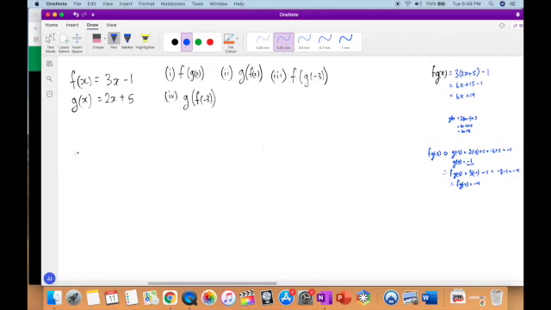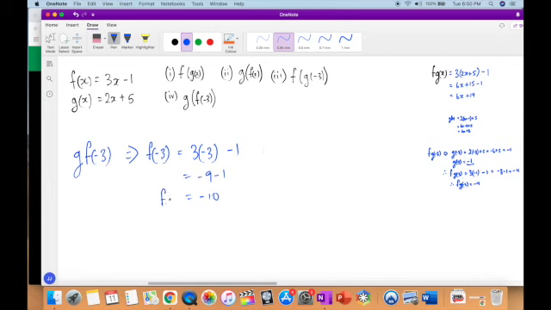And the last one here, the g of the f of negative 3. So first we had to find the f of negative 3. So the f of negative 3 is 3 into negative 3 minus 1. 3 3s are negative 9 minus 1, which is negative 10.